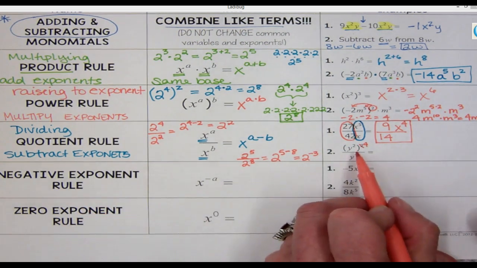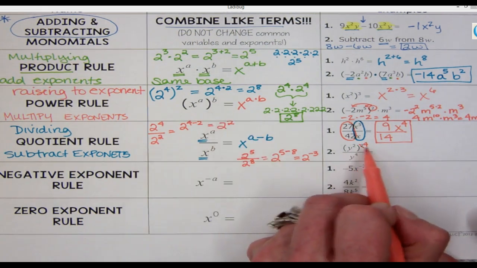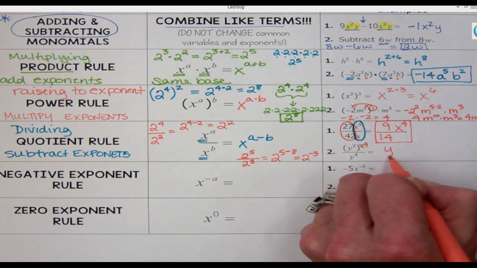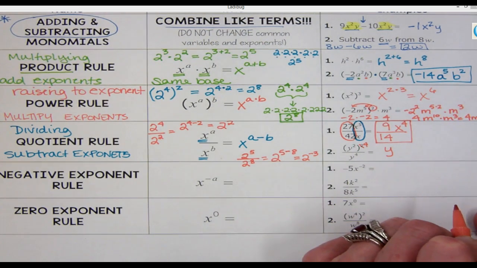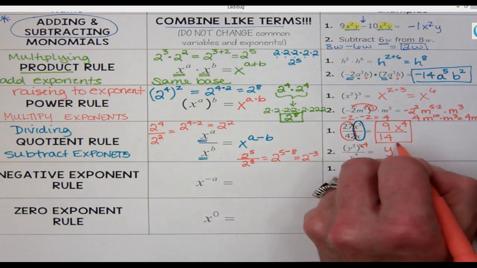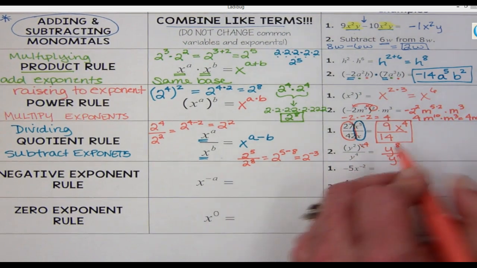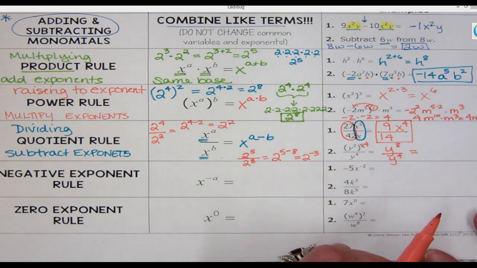So when I have my quotient, I've got to use my power rule here. I'm multiplying these, so I get y squared raised to the 4th power. I multiply 2 times 4, and I get y to the 8th divided by y to the 4th. In this case, they're going to go to battle.